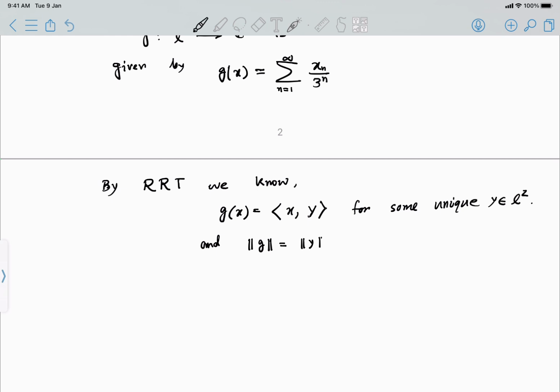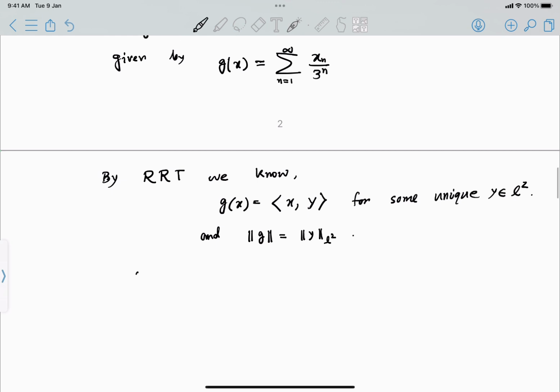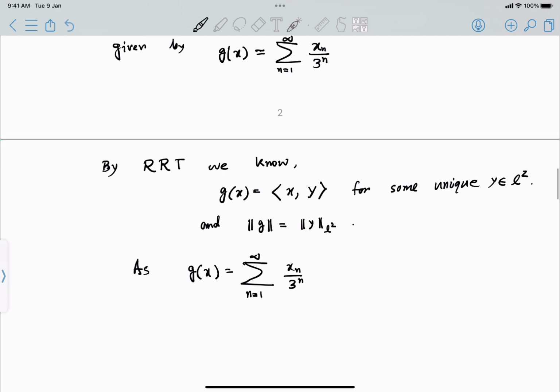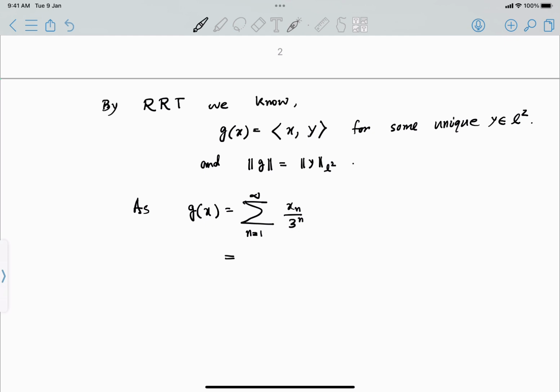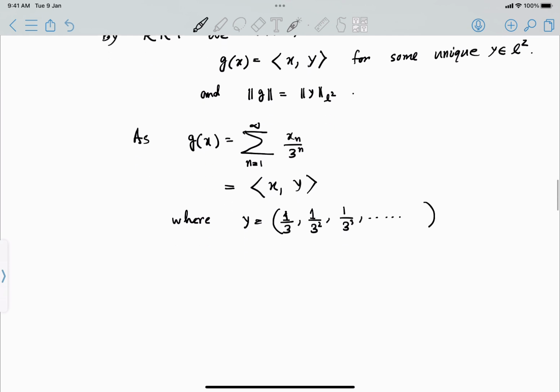As we have G of x equal to the summation of xn by 3 to the power n, you can write this as the inner product of x with y, where we take y to be the vector 1 by 3, 1 by 3 squared, 1 by 3 cubed, and so on, and x is the vector x1, x2, and so on. If you take the inner product of x and y, you get exactly this G.